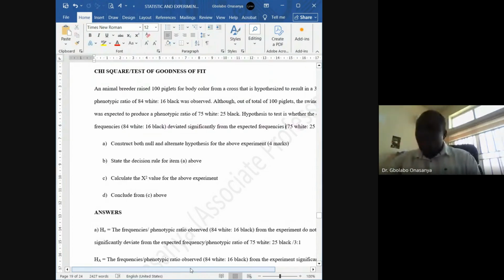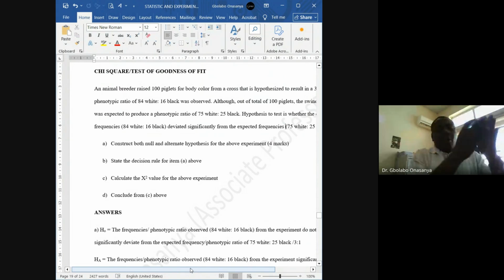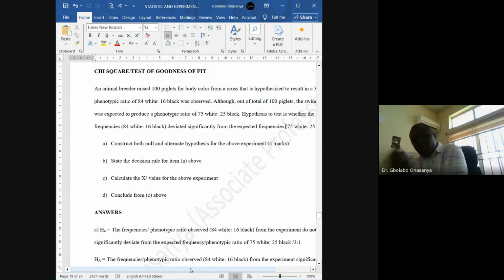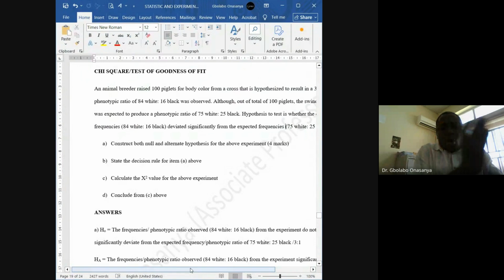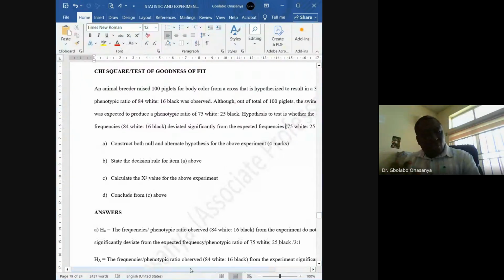So now, statistically, how do we know if our population is not in equilibrium, meaning the observed is not the same as expected? The null hypothesis in chi-square summarily tells us that observed is the same as expected. There's no difference between observed and expected. That's the null hypothesis.